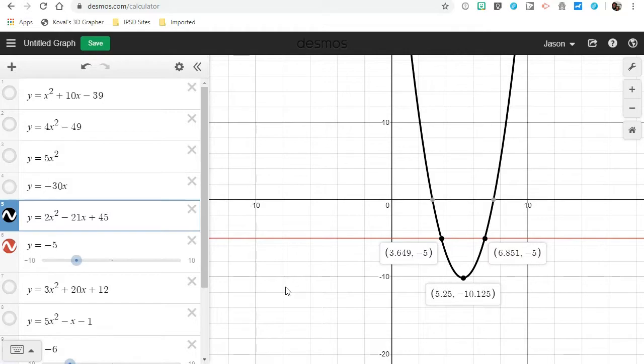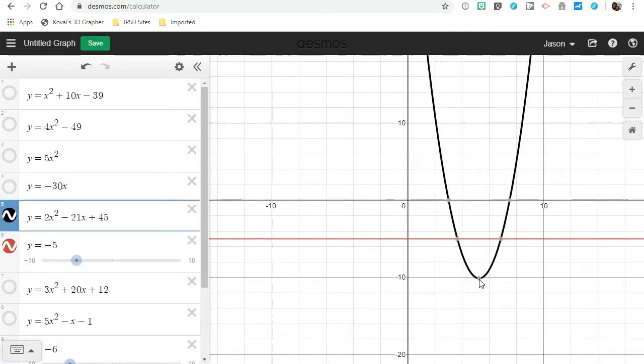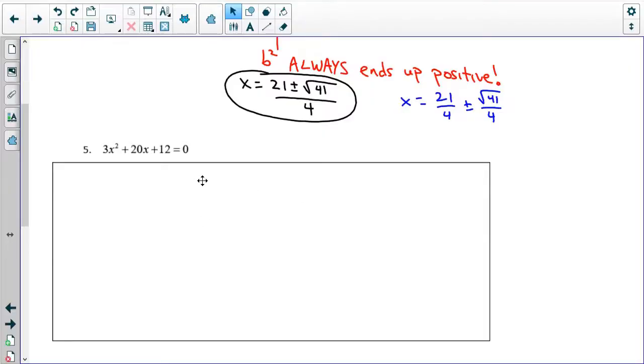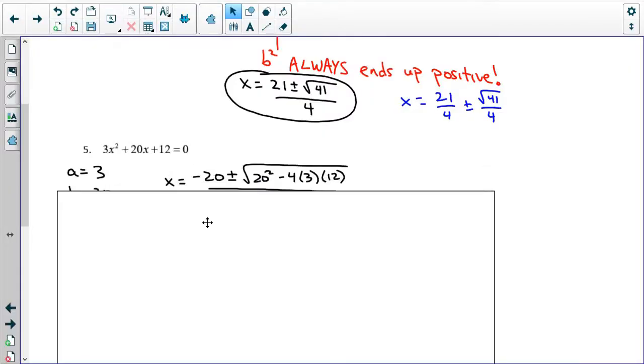Notice that 21/4 is the same thing as 5.25. And then if I actually take 21 plus or minus root 41 all over 4, I get approximately 3.649 and 6.851.